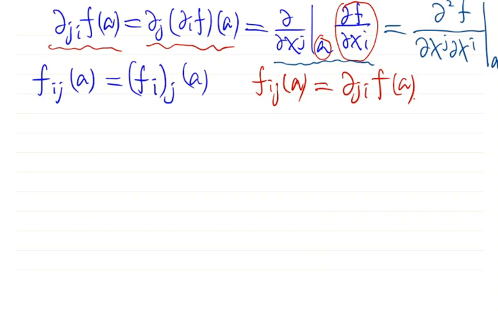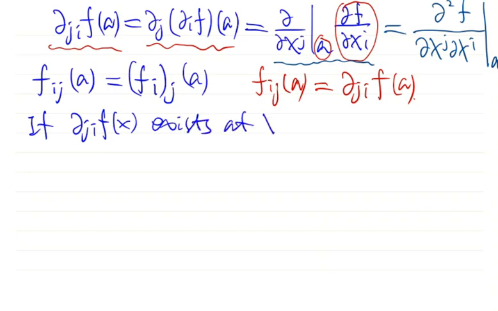Now, here we talk about a point a. If the second order derivative exists for every a, so if dji f(x) exists at every x in omega, what will happen? We associate x to the second order partial derivative of f at the point x.